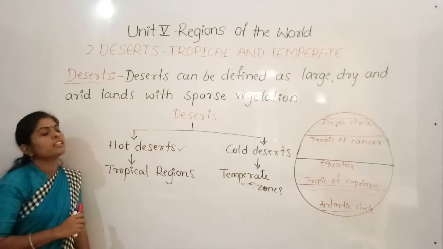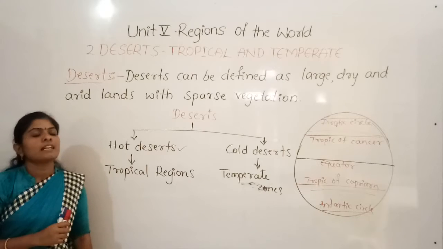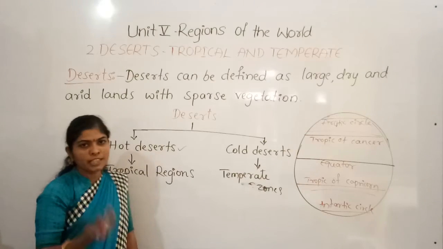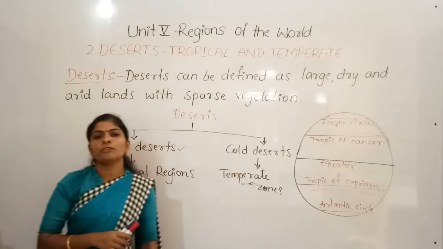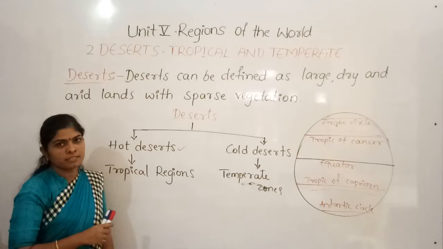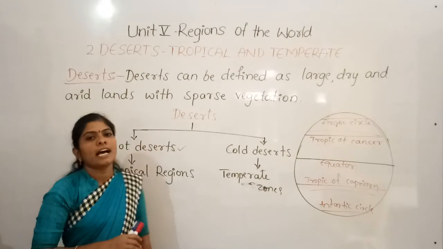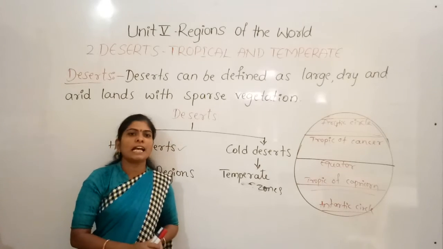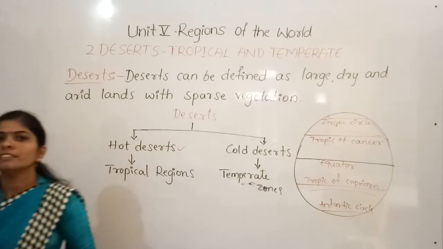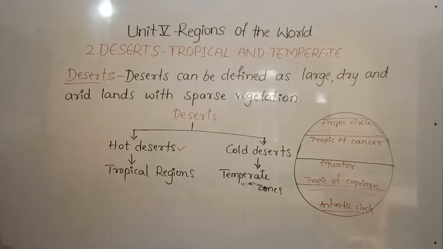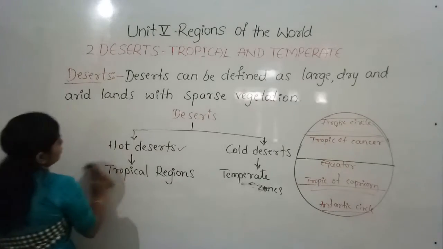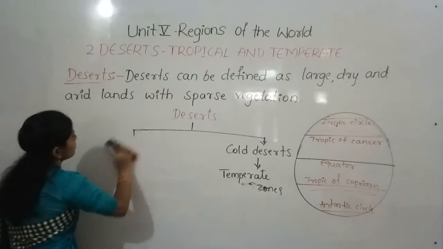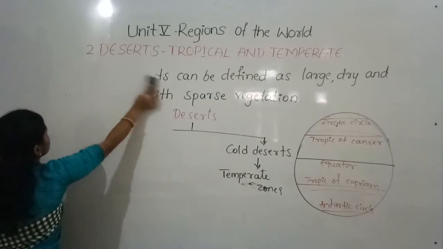So these are the two types of deserts, and now in our today's class we can discuss the tropical deserts, their location as well as the climate, flora, fauna and the human life in the tropical deserts. So now we can discuss the tropical or the hot deserts.